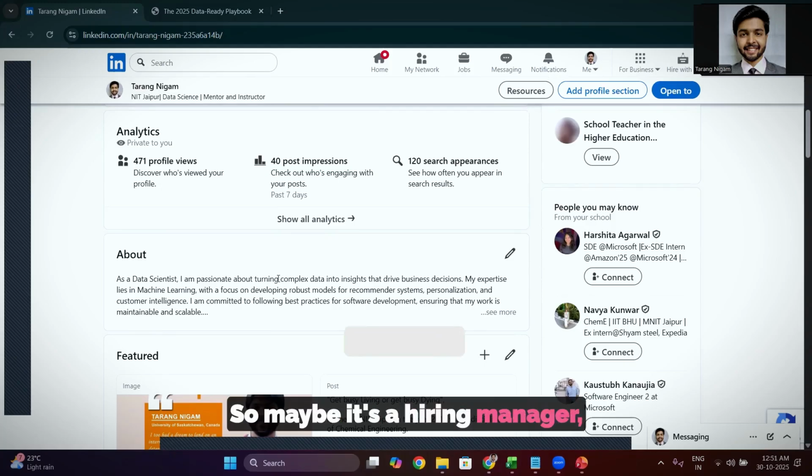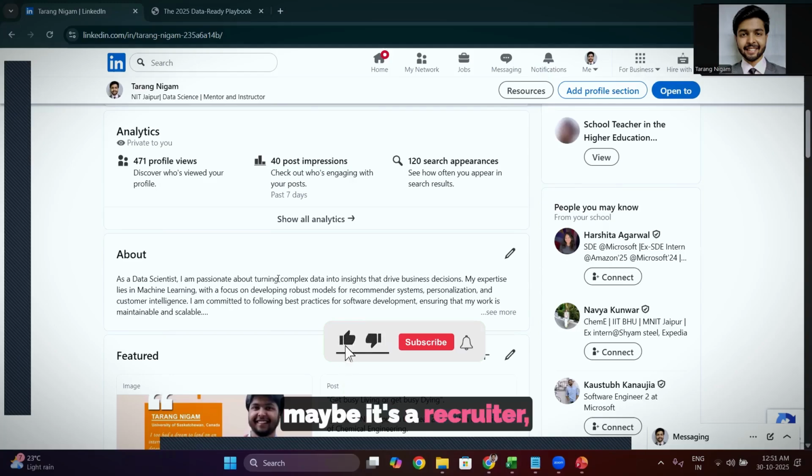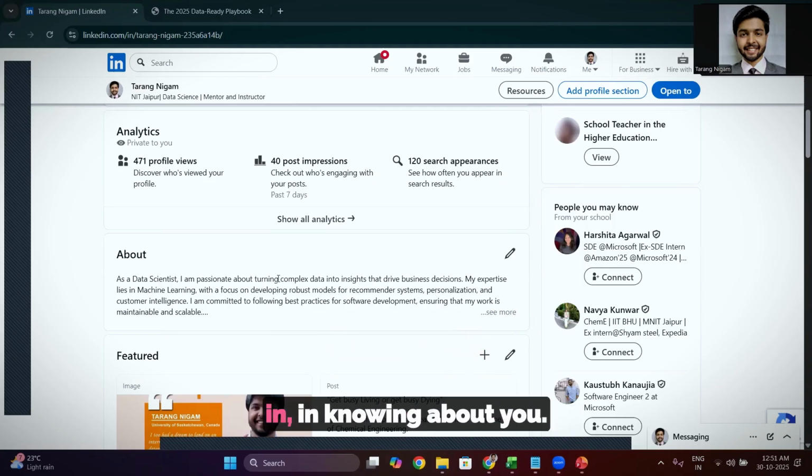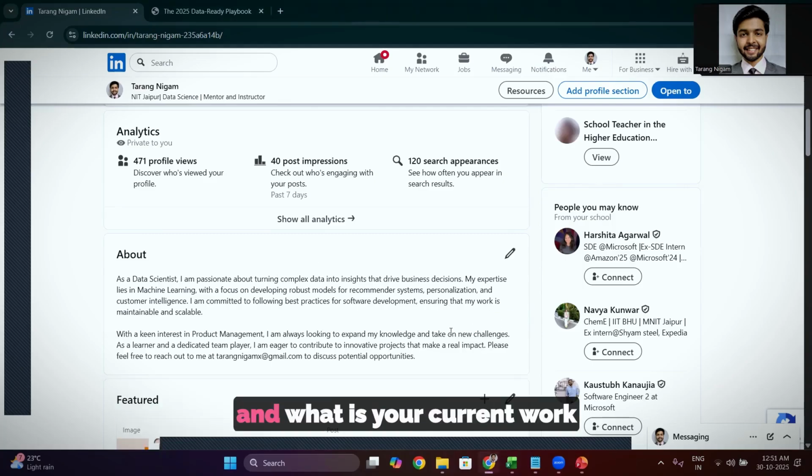So maybe it's a hiring manager, a recruiter, or a company looking into your profile. They may first be interested in knowing about you. Knowing about you gives an understanding of what tech stacks you hold, any achievements that you unlocked, what your current work is, and how you can contribute to them as a company as a whole.